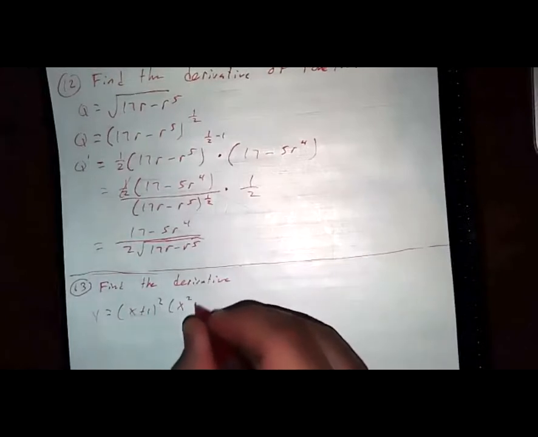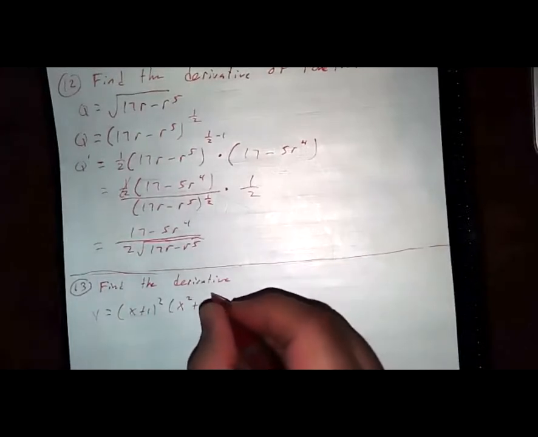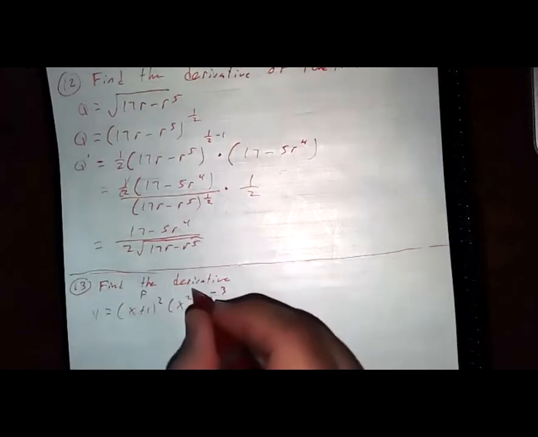So y equals x plus 1 squared times x squared plus 1 to the negative 3. All right, so here's my f and g. So we'll do the product rule, but during the product rule, we will have chains.